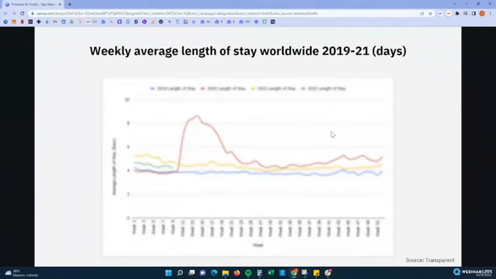The one at the bottom is going to be 2019. And as we can see, the reservations, the length of stay was, I think, around 4 nights on average. And then how it started increasing in 2020. Obviously, it went crazy during COVID time. It was one of the periods where the length of stay was huge and much higher, but then it started establishing itself as well.